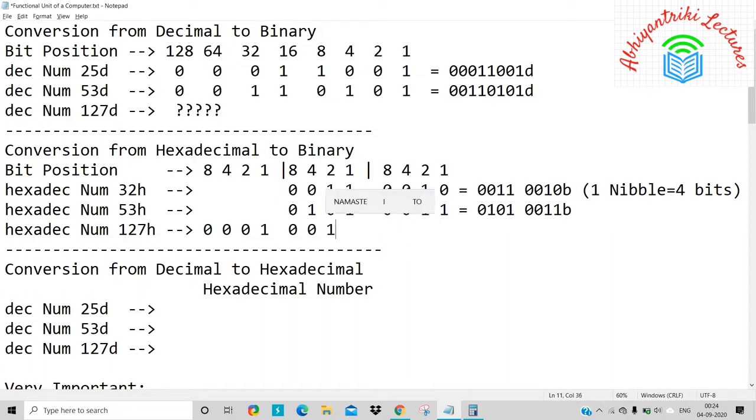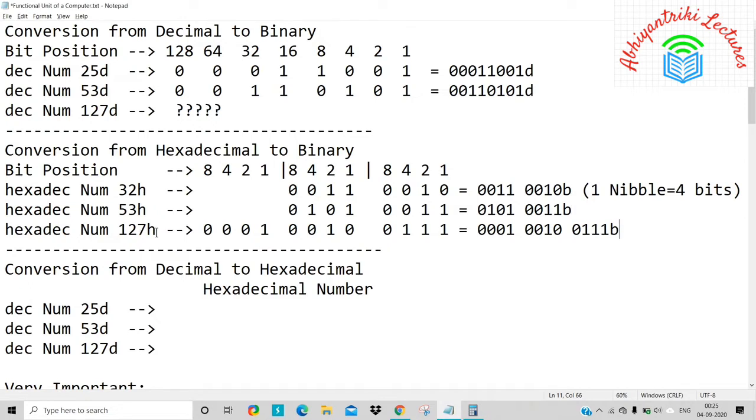Then the third digit, that is 7, convert it to binary: 0 1 1 1, correct. So now 0 0 0 1, 0 0 1 0, 0 1 1 1, right? So this is the binary equivalent of 127H.